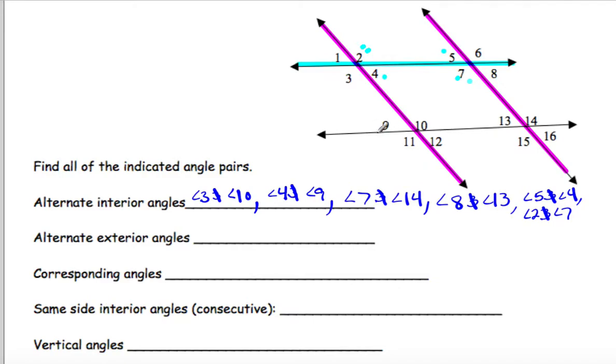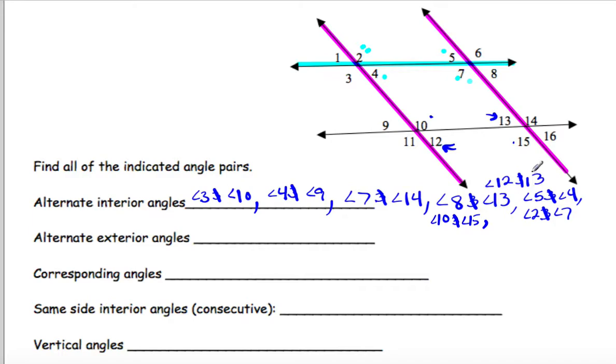And then if I was looking on this bottom section, I would even have 10 and 15, and 12 and 13 as a pair of alternate interiors if I use the bottom line. So let's add those to the list. 10 and 15, and I'm running out of room here, 12 and 13.